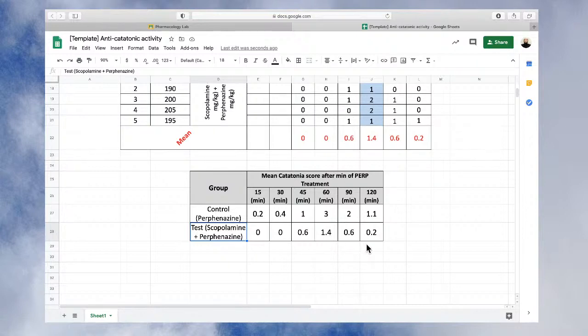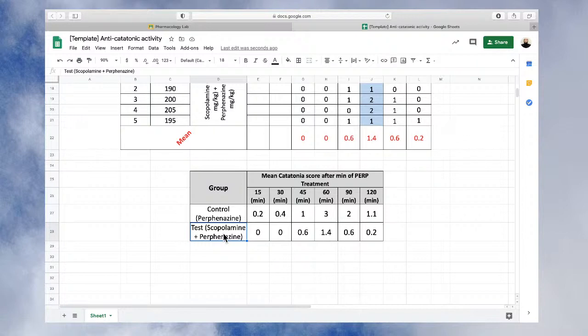A decrease in catatonic score means the animal is able to change the posture, isn't it? So that is the reason why catatonic score is decreased. If the animal is able to change the posture, it means its movement is improved after giving the scopolamine. That indicates anti-Parkinson activity of scopolamine against perphenazine induced catatonia, right? So this is how you can conclude the result.